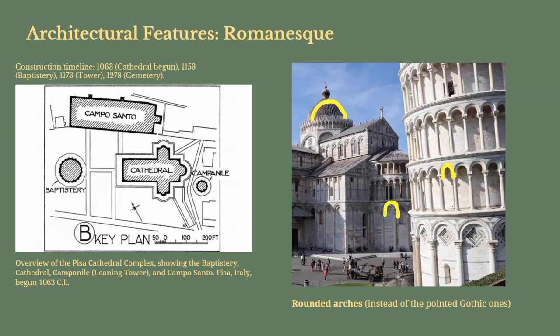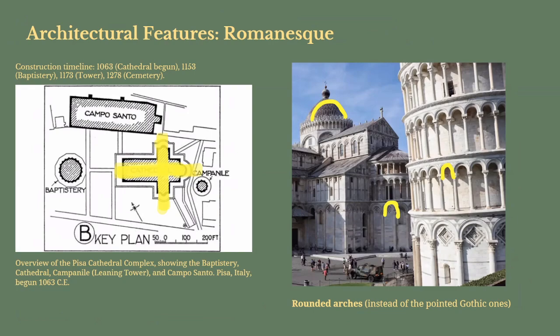We can see this reflected in the church's layout, which follows a Latin cross plan, a design that not only provides structural stability but also reinforces the religious significance of the space. This style dominated from the 10th to the 12th century, bridging the gap between early medieval construction and the rise of Gothic cathedrals. And I'll introduce the term Romanesque further through this presentation.